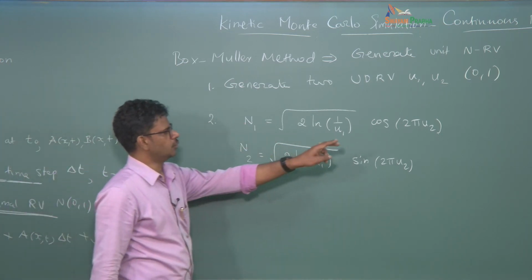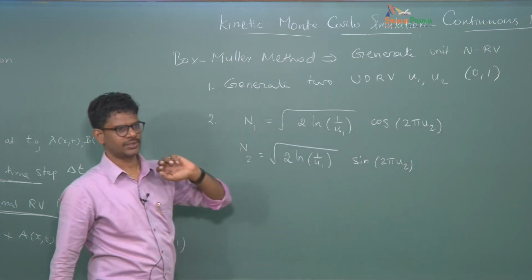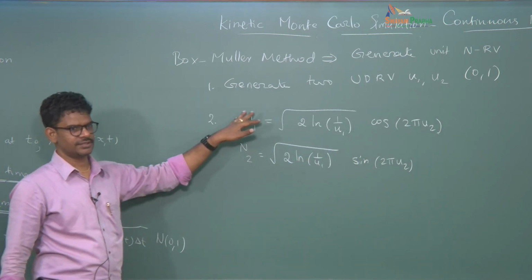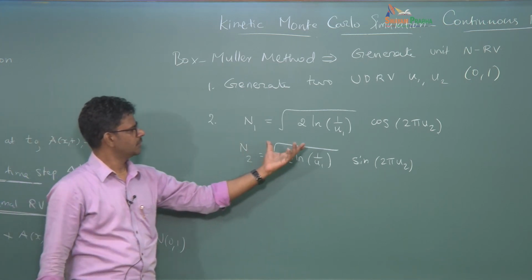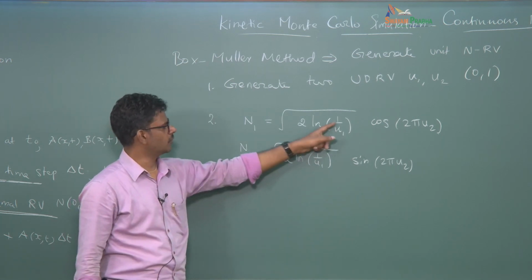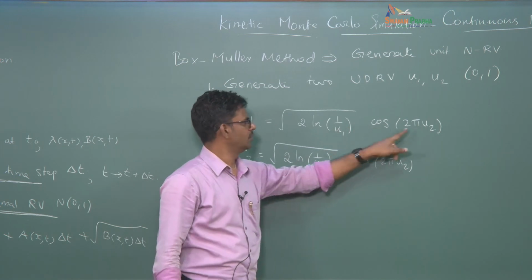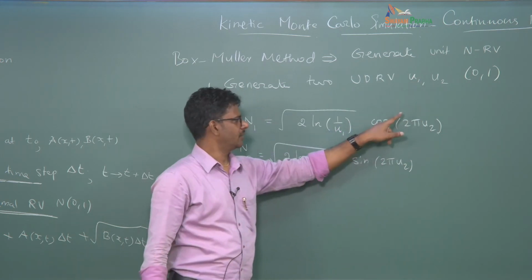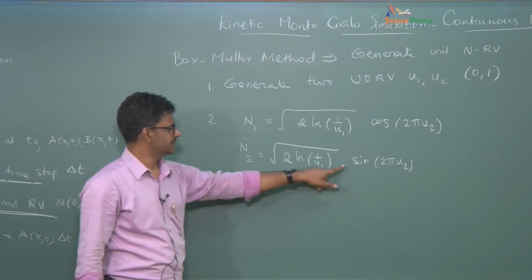So the two uniformly distributed random numbers u1 and u2 are used to generate two unit normal random variates. So you have the prefactor square root of 2 ln 1 by u1 and then cos of 2 pi u2. This u1 and u2 are the ones that you generate here. This one will give you one normal random variable, and the sine function will give another one.